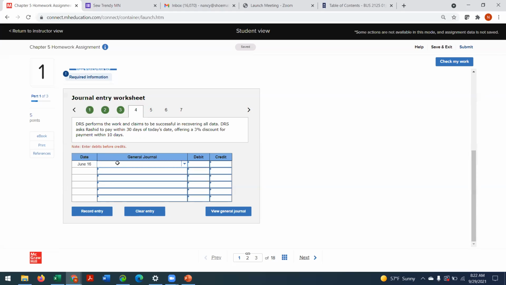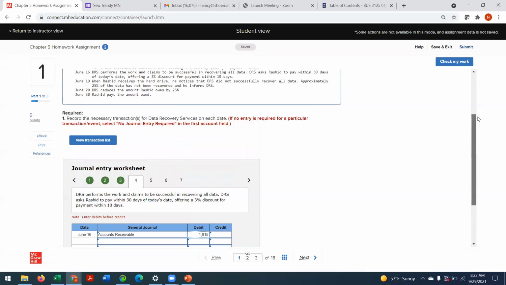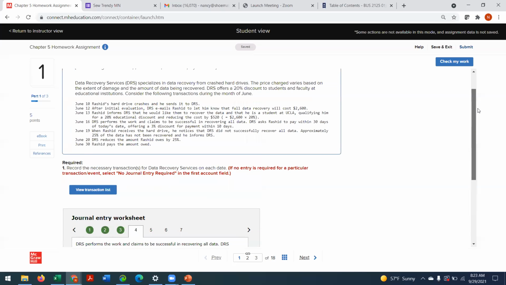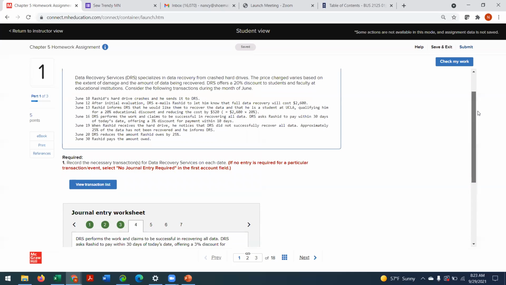So we are at this time going to show an accounts receivable of 1615, right? 1615, is it a 30% discount? 20%. 2,600 times 20% is, oh, let's see.